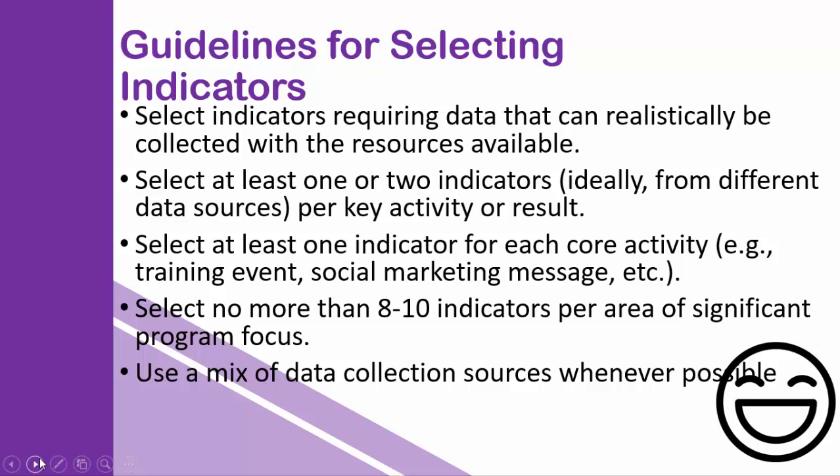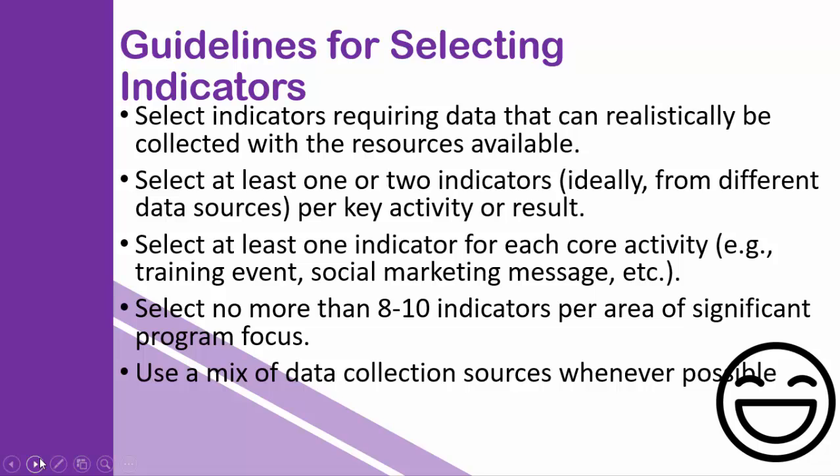Now, this is an interesting one. What are the guidelines in selecting indicators? Okay, I talked about SMART, but let's look at some of these other points. So now you need to select indicators requiring data that can realistically be collected. I talked about this in the previous slide. There are so many times I've seen this problem come up.